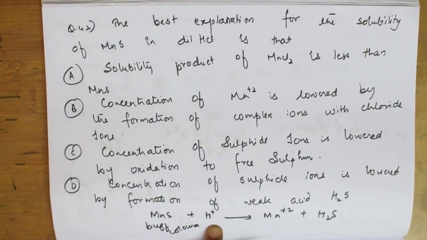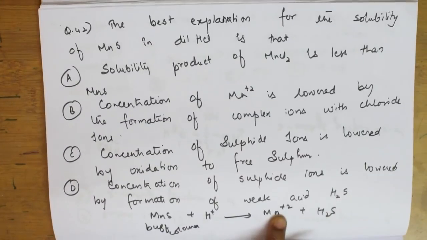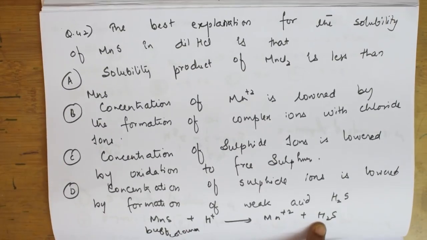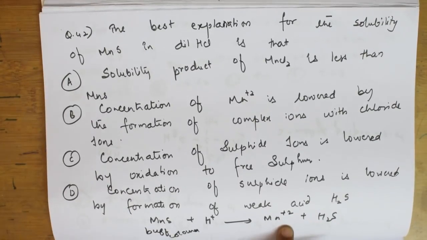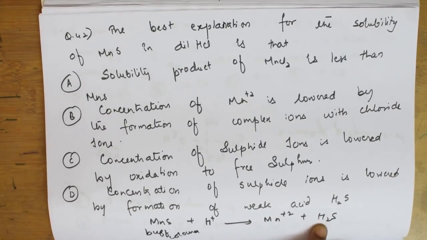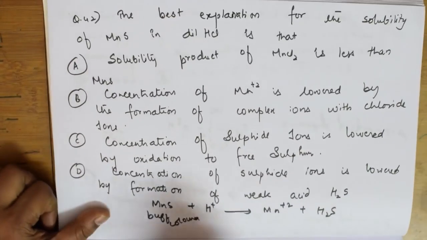Okay, so here what happens? In this case, the concentration of the sulfide ions is lowered, isn't it, when it comes to the product? By the formation of what? By the formation of a weak acid H2S. So once again, when I see the product, the concentration of sulfide is reduced by the formation of a weak acid H2S. Yes or no? So now what is the correct answer?